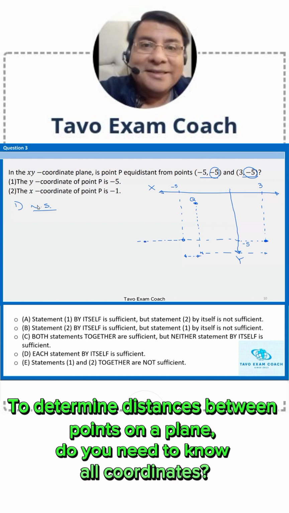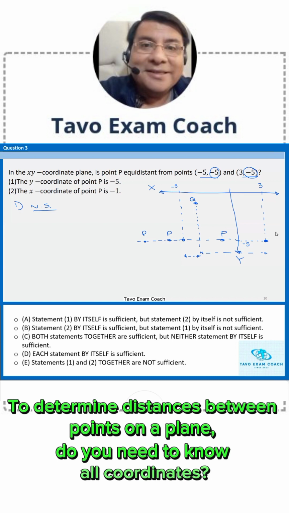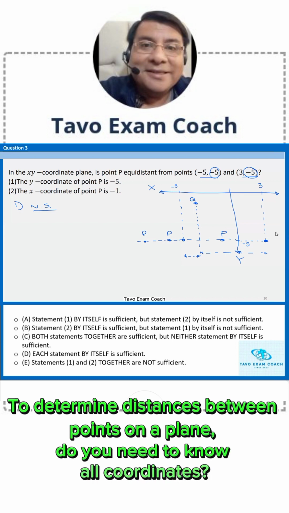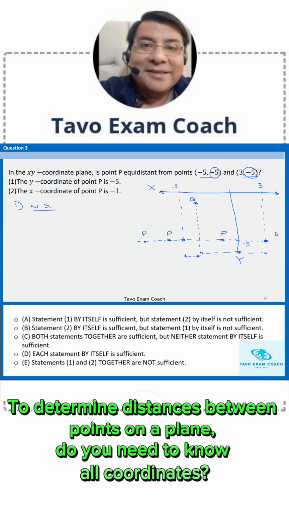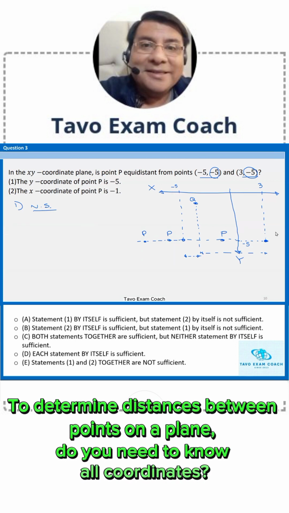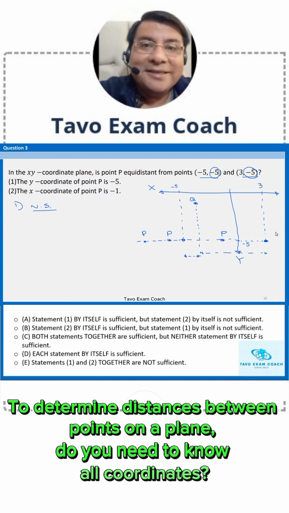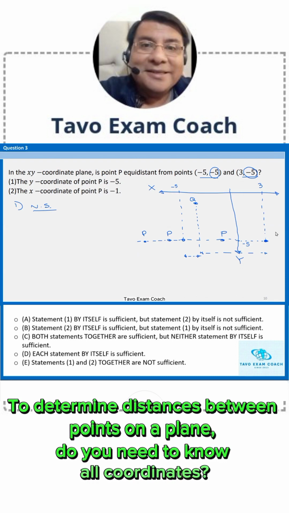It could be anywhere on this virtual horizontal line. Obviously, there are infinite positions for which point P is not at the same distance, and there is only one position at which point P would be equidistant from the 2 points.